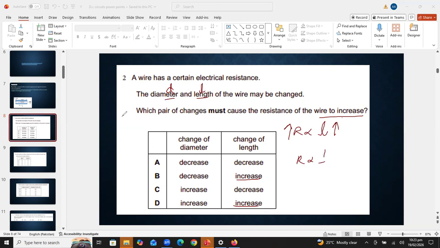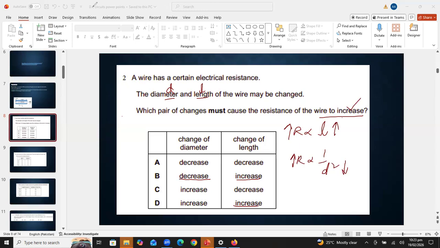Resistance and diameter square are inversely related, so to increase the resistance, the diameter should be reduced. So B is the correct answer. Well done Hafsa. Well done Ayan. B is the correct answer.